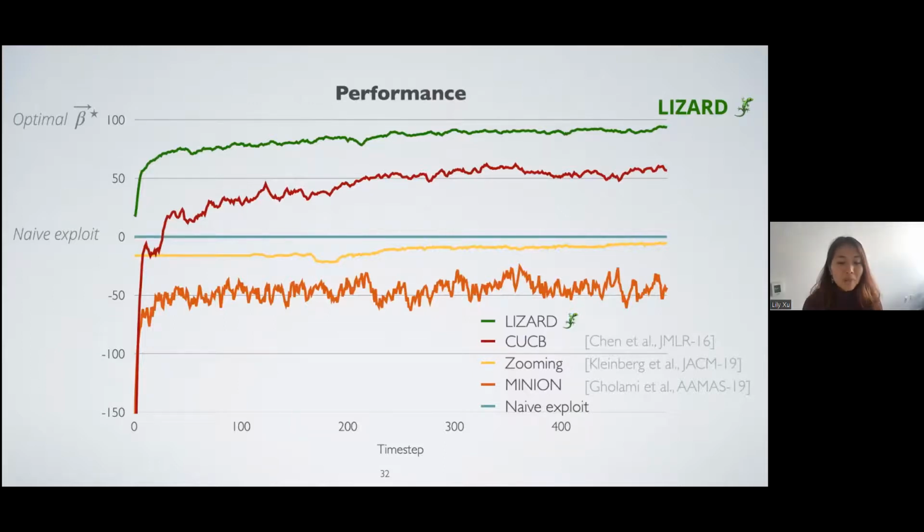And we see that our LIZARD algorithm in green drastically improves upon performance compared to baselines, but most particularly in the early rounds. So I'm considering here only the first 500 time steps, which if each time step is, for example, a day, then this corresponds with 1.5 years of patrols. So the other existing algorithms take much longer to converge, which would be very devastating in these real world settings where that means 1.5 years of excess snares that are not necessary.